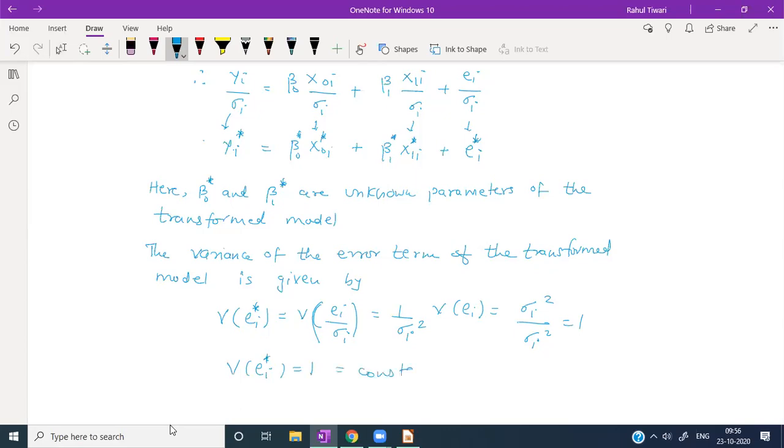And remember, one of the conditions we found is that your data should be homogeneous, meaning your variance is constant.